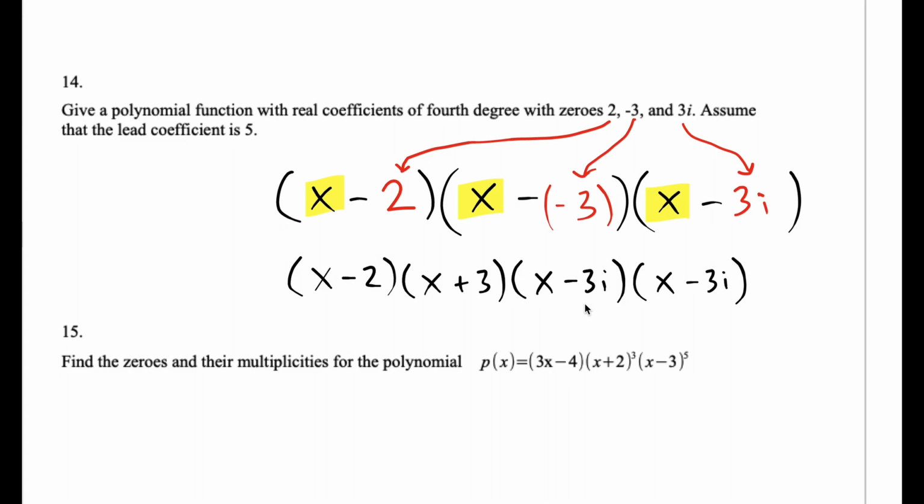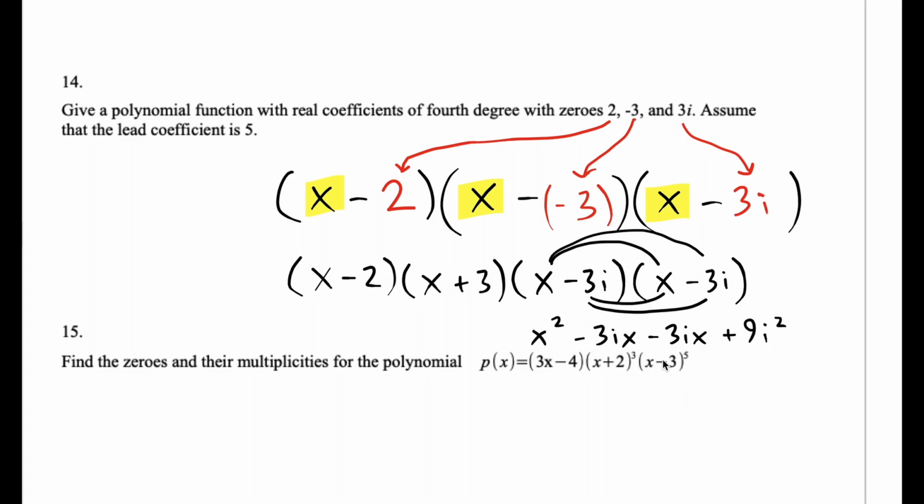But the problem with that is if we were to multiply firsts, outers, inners, and lasts, the i's would not all go away. And so we wouldn't end up with all real coefficients. So how do I know they wouldn't go away? Because we would get x squared minus 3ix minus 3ix plus 9i squared. See, the minus 3ix's would not cancel and would not go away.